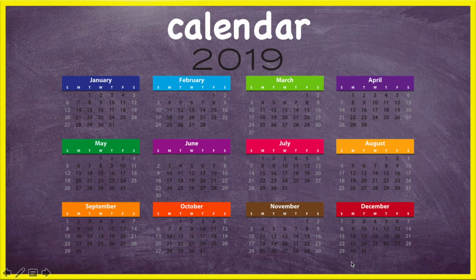Now, a calendar, right? This is actually the calendar for 2019, and this is a traditional calendar. But of course, in China, they do use the Western calendar these days, right?